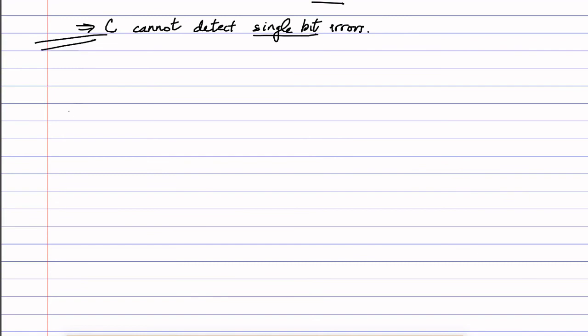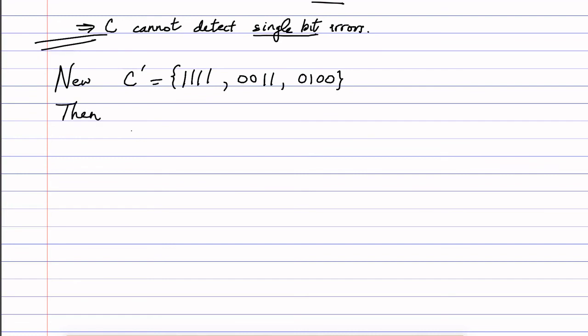What we could do instead is try some new code, C prime, and let's say that instead of the code I just gave an example of, we decided that all of our messages would consist of code words from this collection. All right. Then suppose that we get the message as before.